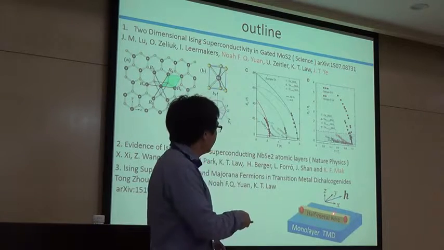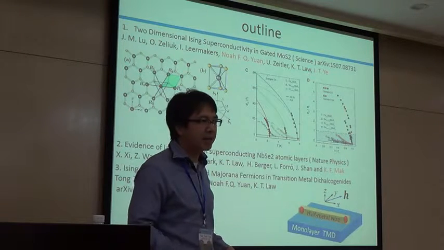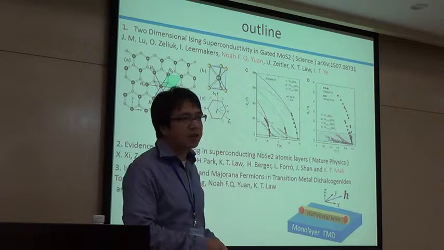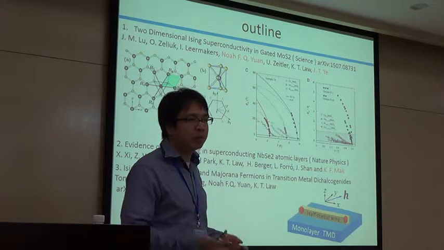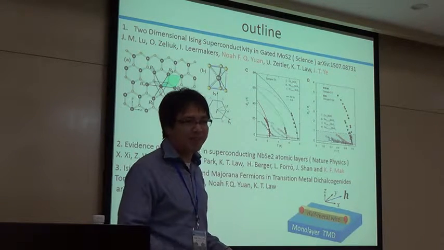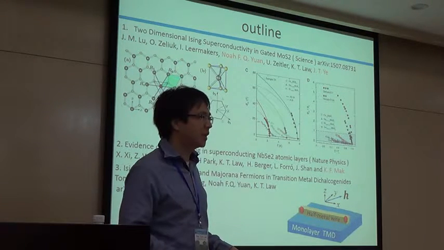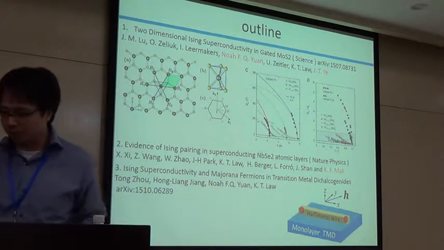And this half metal wire will support Majorana fermions as the end states. That is basically the story: you have a new type of 2D superconducting material with strong spin-orbit coupling, and you can use it to make Majorana fermions. That is what I want to talk more about.